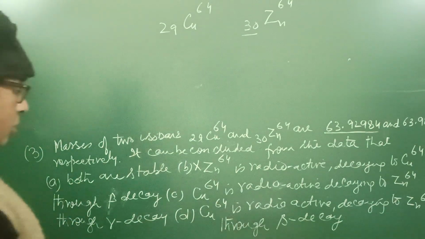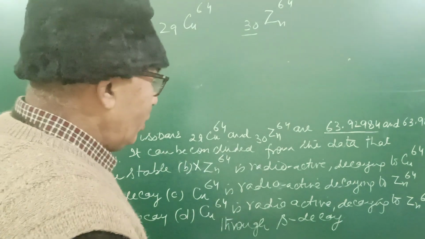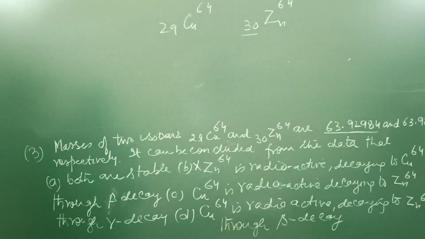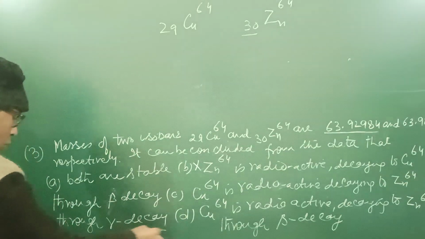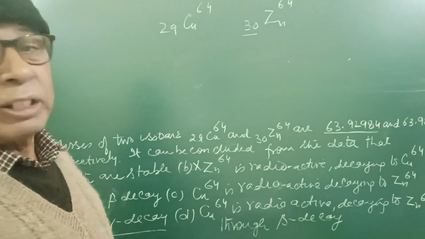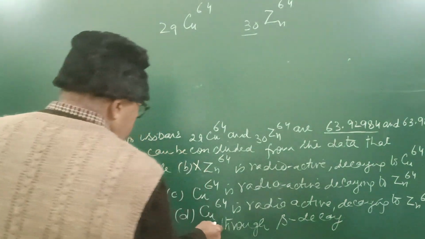Then Cu64 radioactive decaying to Zn64 through gamma decay also cannot happen, because in gamma decay neither atom number nor mass number changes, so this is not possible.